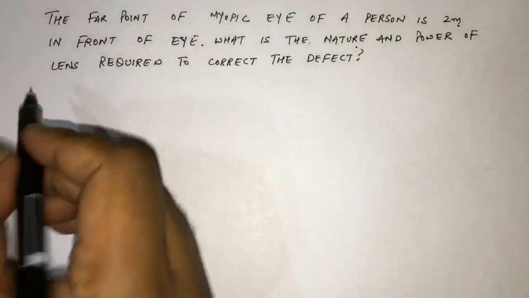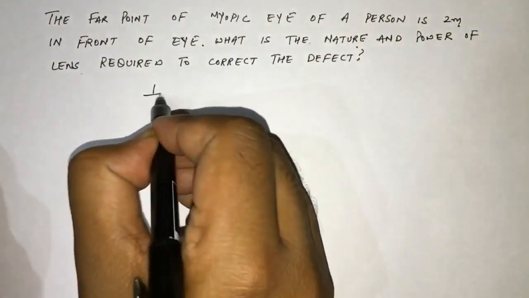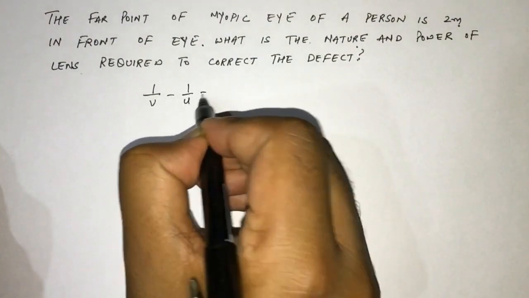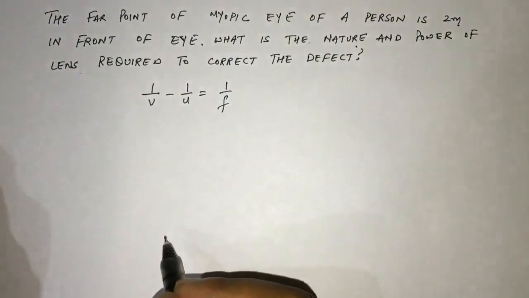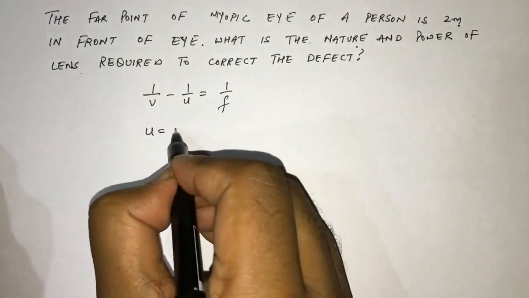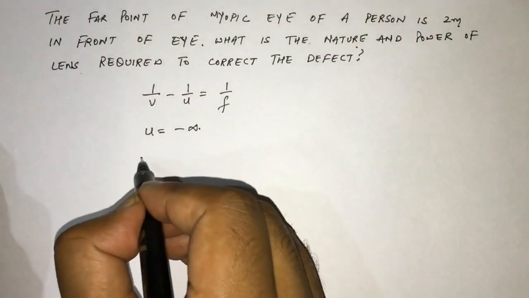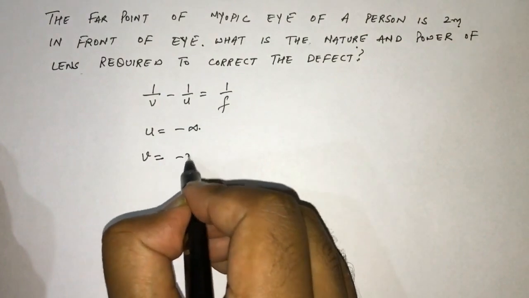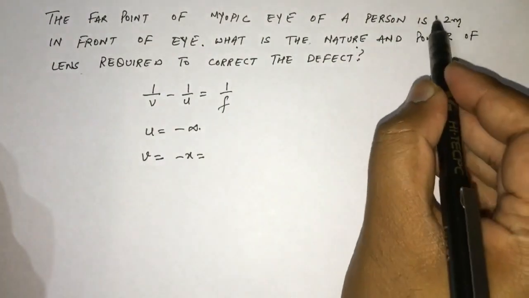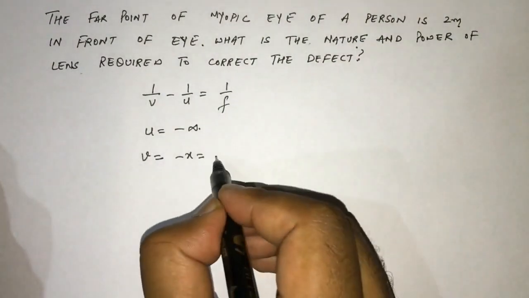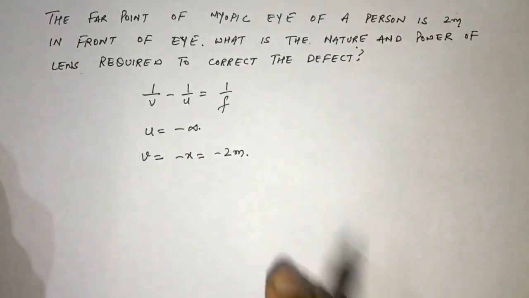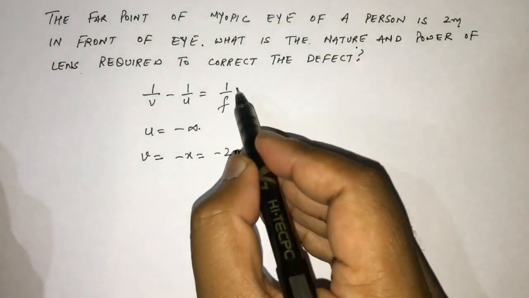We know that in the case of myopia, 1 by V minus 1 upon U is equal to 1 upon F. The value of U is minus infinity, and the value of V is minus X, where the value of X is 2 meters, so it becomes minus 2 meter. Now put this value in the equation.